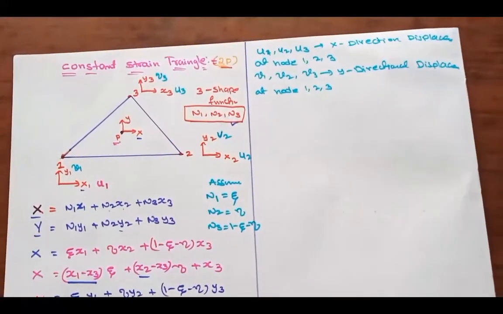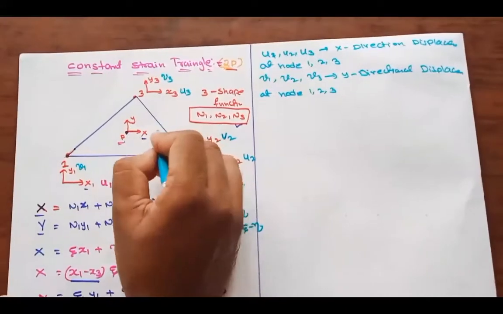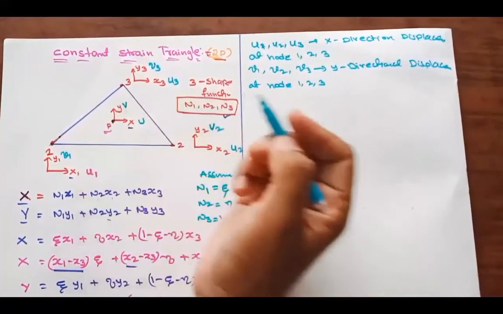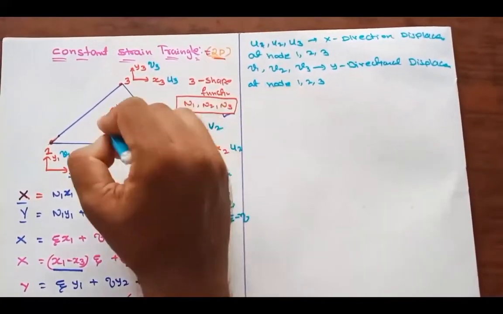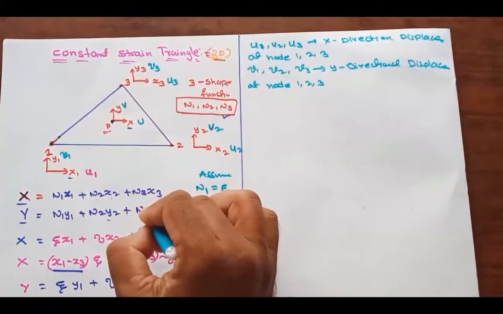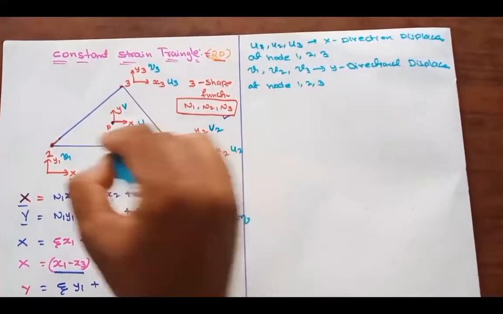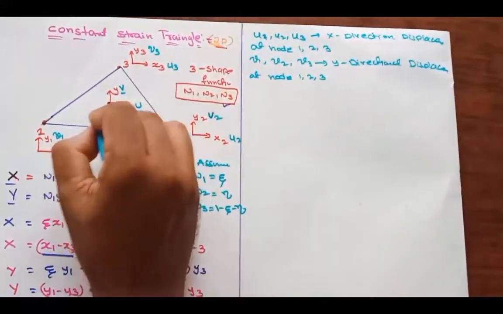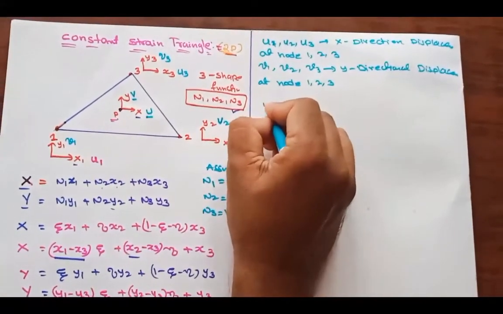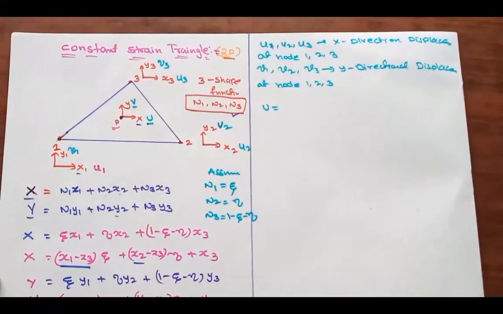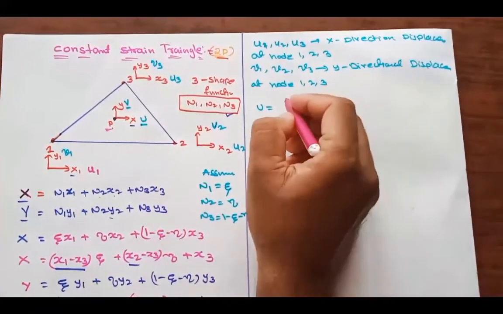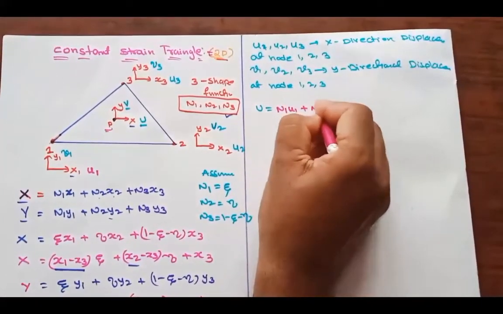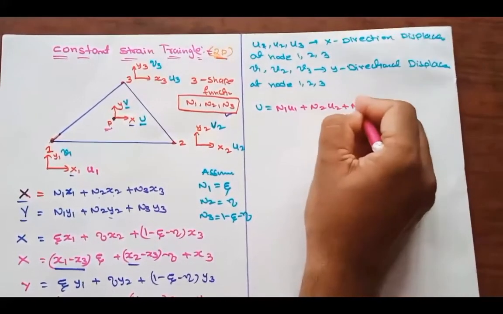Now it is possible to say that at a given point P, the x directional displacement is u and the y directional displacement is v. So by using the similarity equation, it is possible to write u and v as functions of the shape functions and the nodal displacements. Therefore u can be written as N1 u1 plus N2 u2 plus N3 u3.